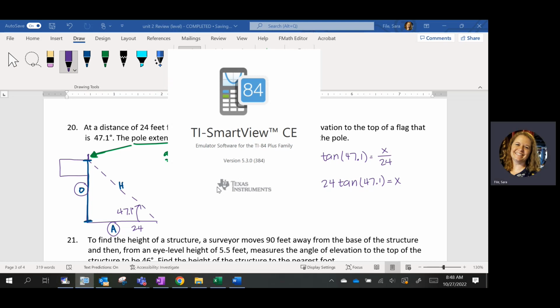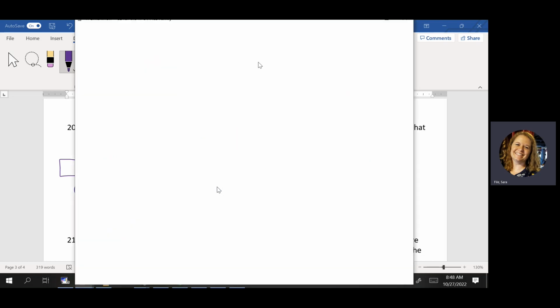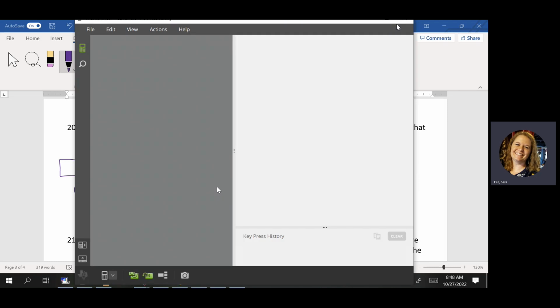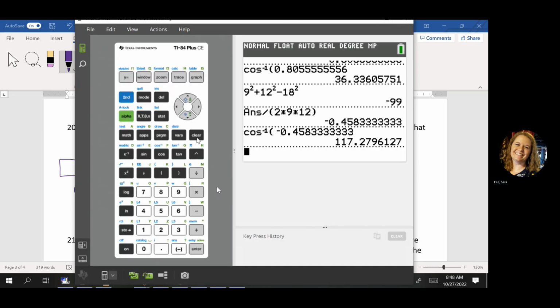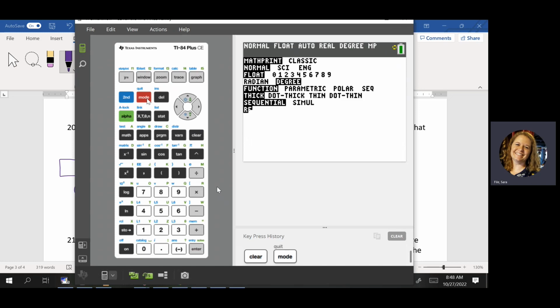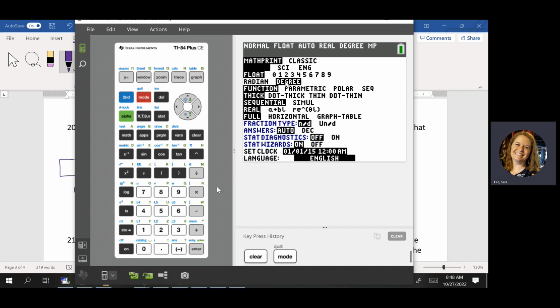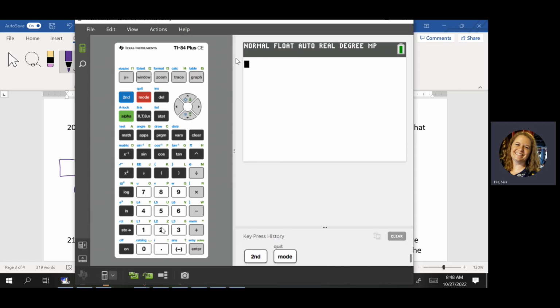Your test will be in Aware, so you'll have the Desmos calculator built in, but if you prefer to use a handheld, the TI-84, you can use that as well. Okay, so remember I go to mode, make sure degree is highlighted. If it's not, you just arrow down and over to it and hit enter and it will highlight. Okay, so I'm doing 24 tangent of 47.1.